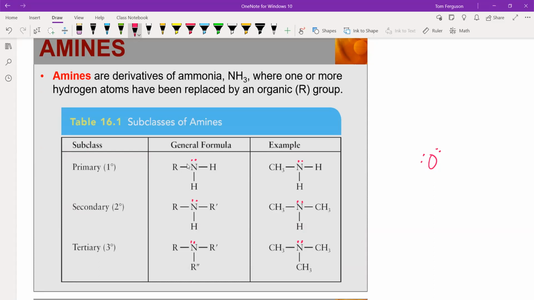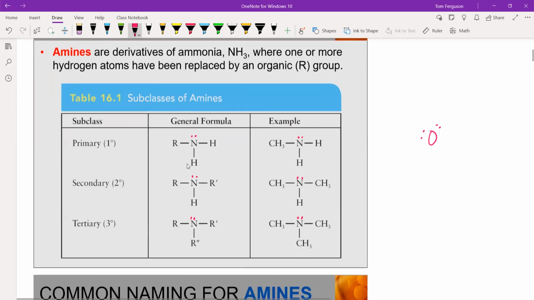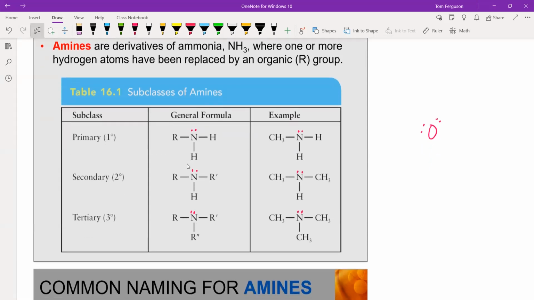The chemistry will come in terms of a special bond that I'm going to talk about in a little while called a coordinate covalent bond. That electron pair on both the oxygen and the nitrogen comes into play for that type of special covalent bond.